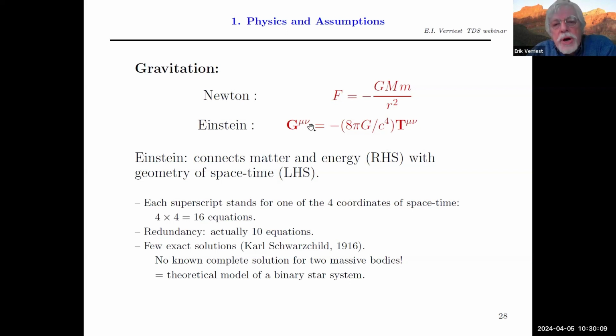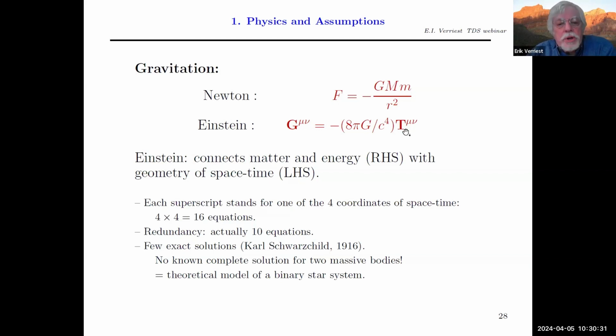Now, the mu and nu here are indices of the space-time coordinates, so it's four-dimensional. So each of these tensors has 16 components. Therefore, this is a set of 16 coupled nonlinear partial differential equations.